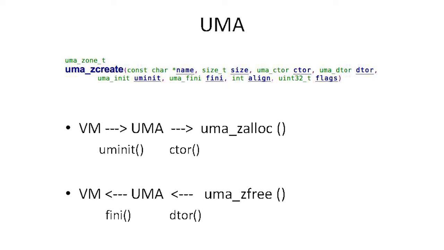So when you create this zone, you can allocate the same object from UMA and free the object to UMA. This will make efficient use of objects in the UMA cache.